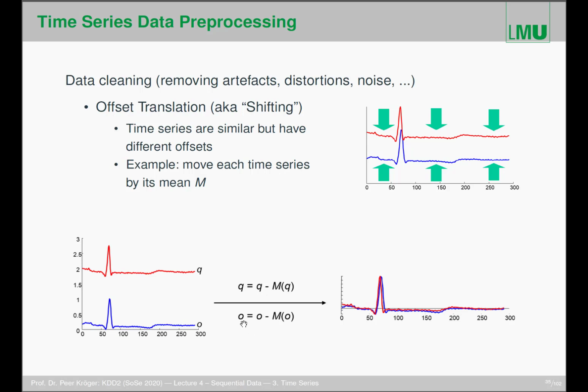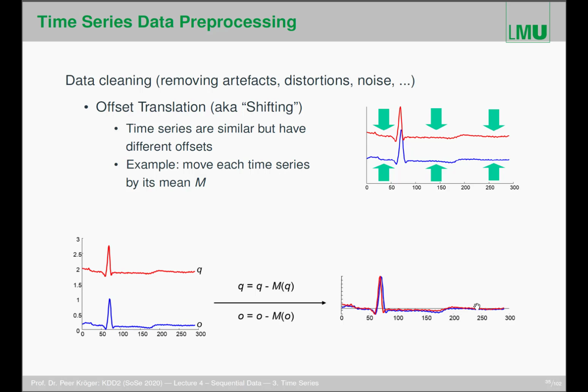And the same with the time series O, and you end up with something which is around 0, where the mean is obviously 0 then. So you get something around 0 here, and they now have the same offset.